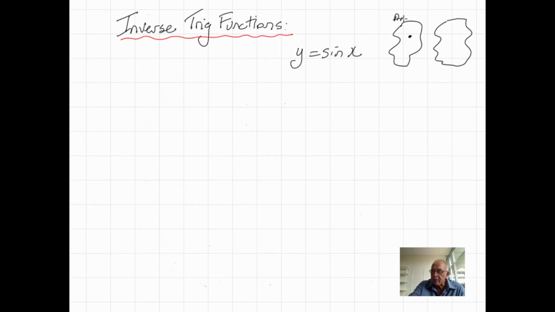So this is an angle, and this is the sine of the angle. So the sine function grabs an angle, works out the sine ratio, and maps it to another point there. And the idea of the inverse, so this is y equals sine x.